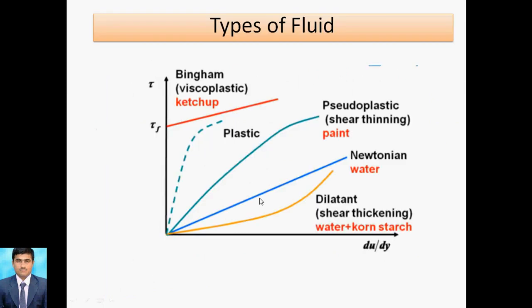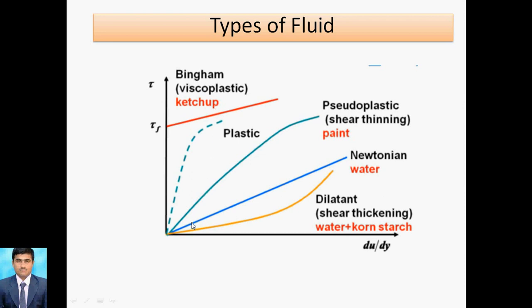Here we know that the Buckingham fluid is called an ideal plastic fluid. An example is ketchup. It requires a higher yield value, and after that the shear stress and shear strain relation has a linear shape, that is, directly proportional.